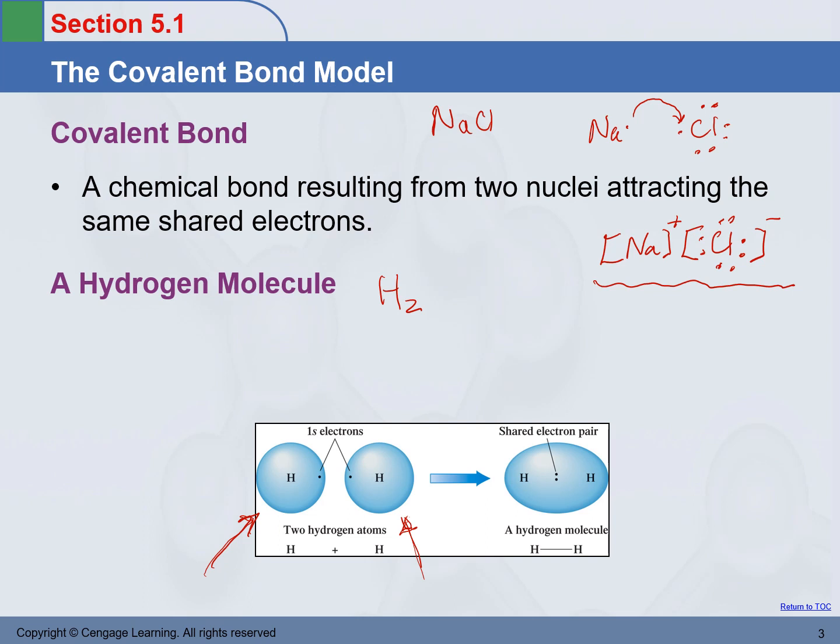As a result, they move closer and closer, until at a point, the two merge together into one unit, and they put both electrons in the middle between the two nuclei. A hydrogen molecule is formed, a covalent bond is formed.